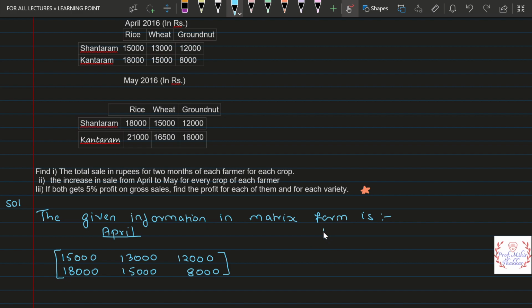Same way for the month of May, the values are 18,000, 15,000 and 12,000, and for Kantaram it is 21,000, 16,500 and 16,000.